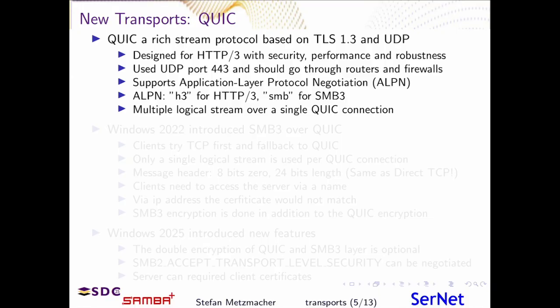For HTTP, it uses h3. For SMB, just smb. And for SMB, we only use, or Microsoft only uses, a single logical stream, while in theory the QUIC protocol supports multiple logical streams, bidirectional or unidirectional, over the single QUIC connection.